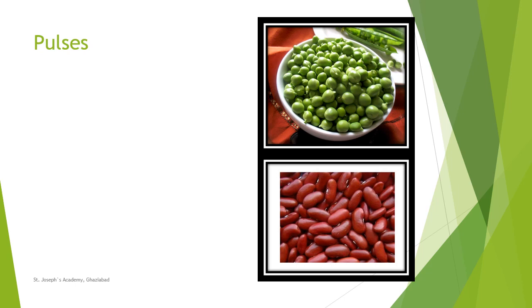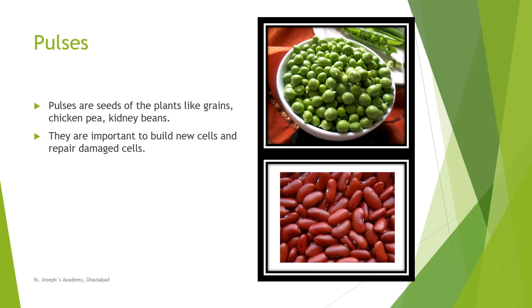These are the kinds of the pulses which we eat. Pulses are seeds of the plants like grains, chickpea, kidney beans. So what are pulses? Pulses are the seeds of the plants like grains, chickpea and kidney beans.